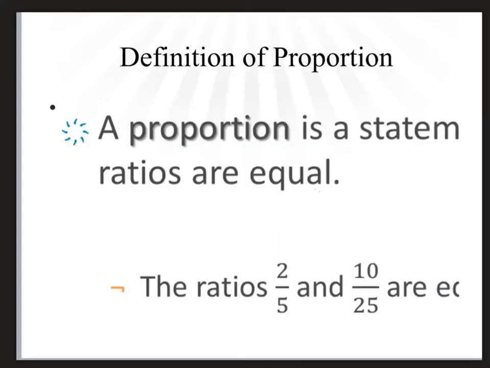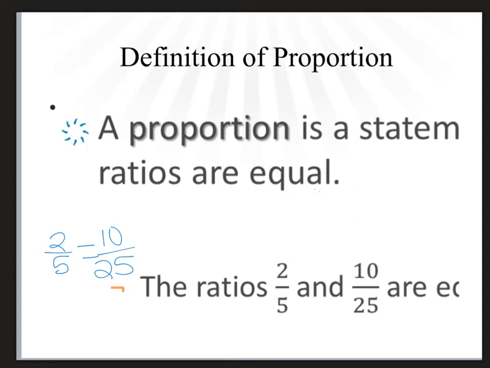What you should have been noticing is that as we are creating these simplified fractions, we are actually creating proportions. A proportion is a statement or an equation that two ratios are equal. For example, the ratios 2/5 and 10/25 are equal, so they can be expressed as a proportion, 2/5 equals 10/25.